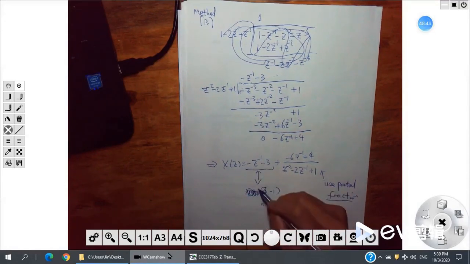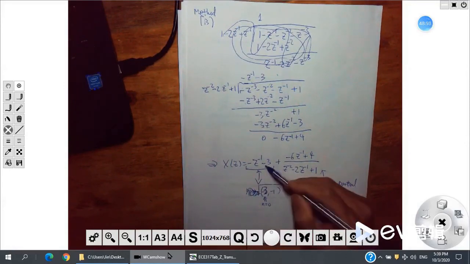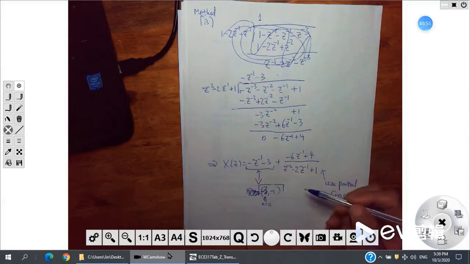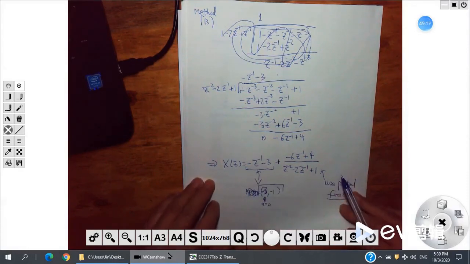This part gives us two numbers, negative 3 and negative 1. Then the result will be this one plus, by partial fraction you can find this one. Then you put them together. I will not do it here. If you're interested, you can try it by yourself to compare what's the difference.